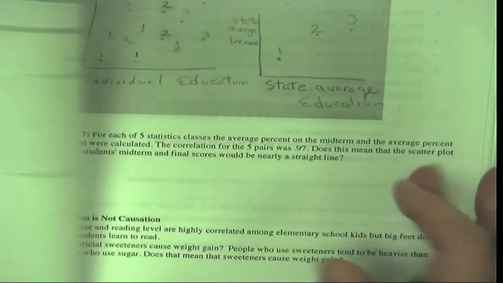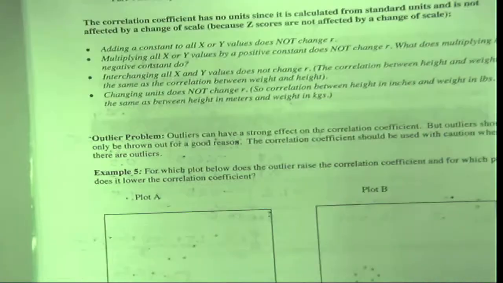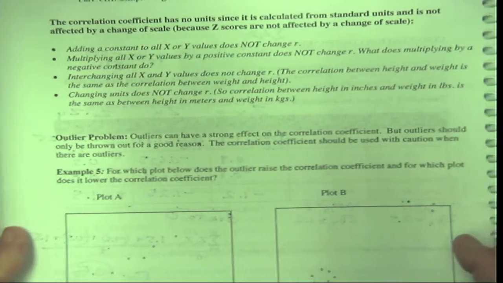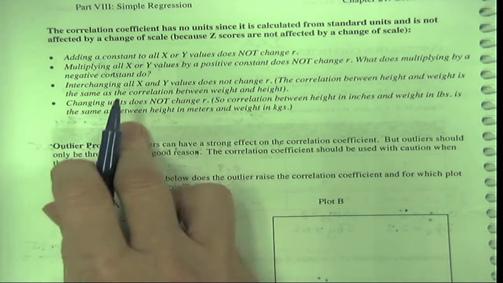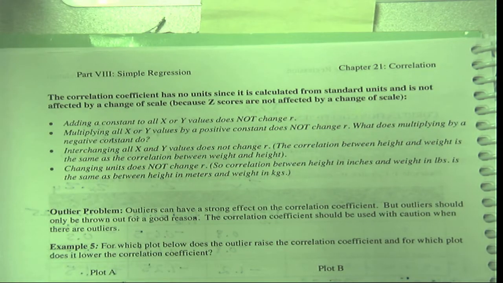Okay. So now we are going to look at some scatter plots. First, let's remember how the average and standard deviation are affected when you multiply all the points by the same number or add the same value to all the points.